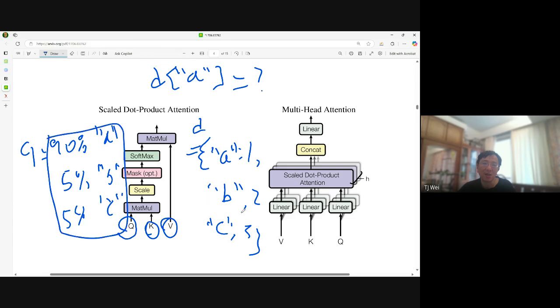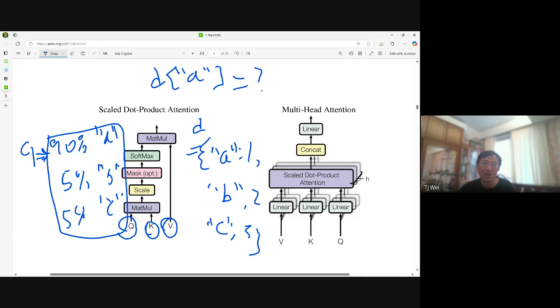Okay, so the only difference between attention and the dictionary is that your query is a soft query, and we will find the similarity of your query to each of the keys. For a dictionary, either it is 100% A, 100% B, 100% C, or it is not in the dictionary. So this is called a hard dictionary.